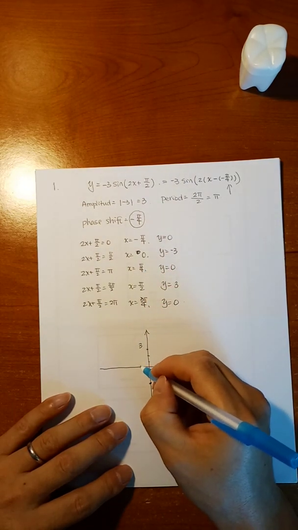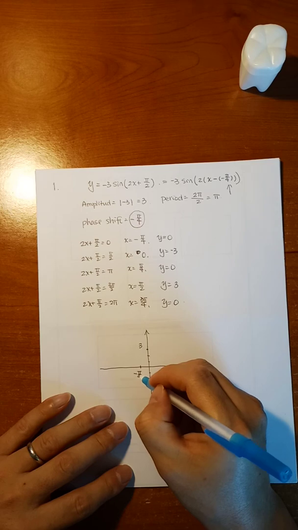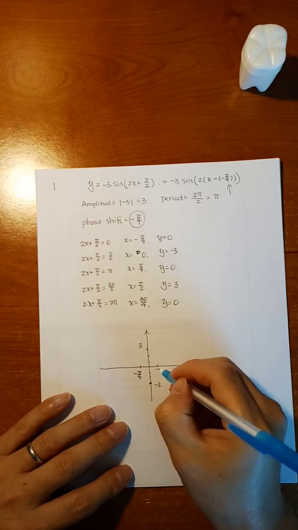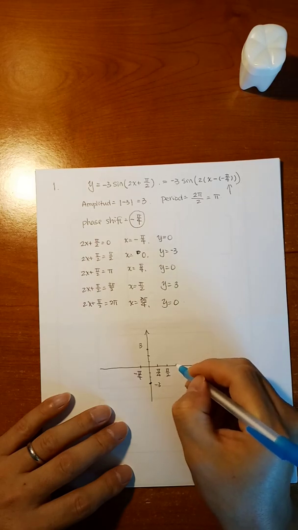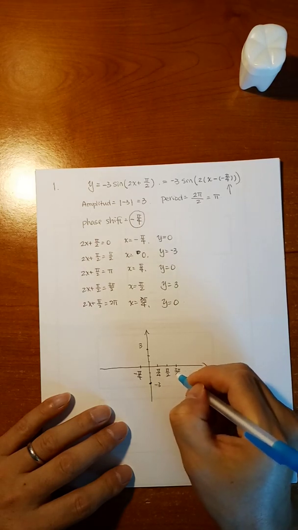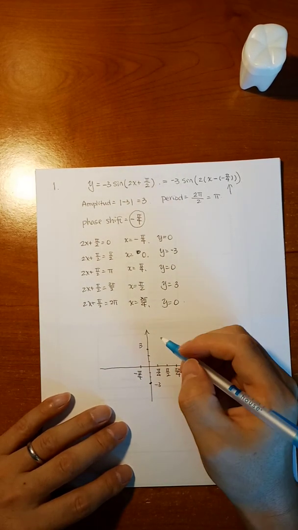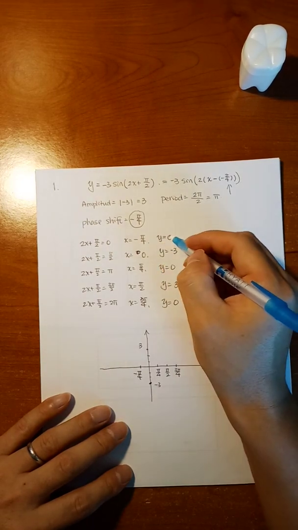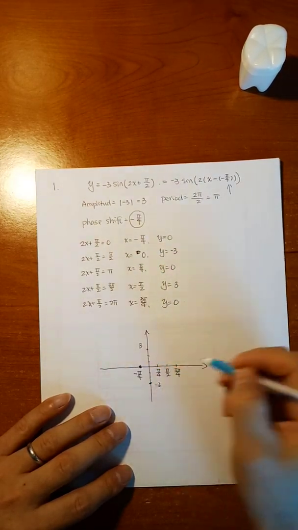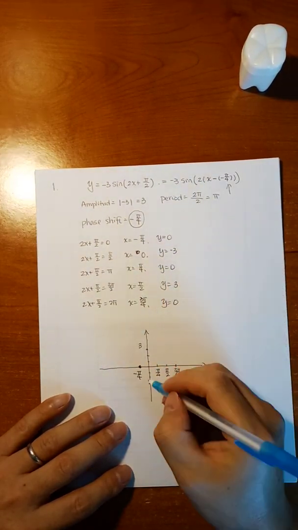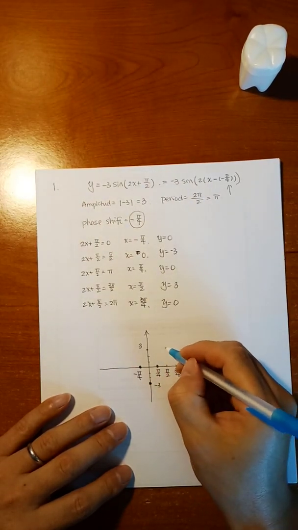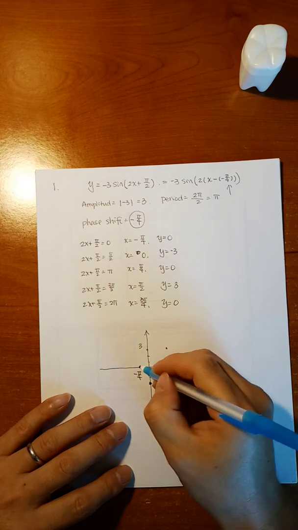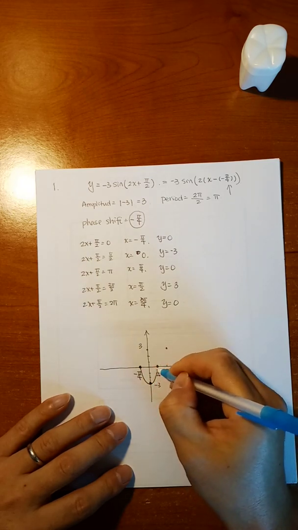So assume this is negative pi over 4. 0, pi over 4, pi over 2, and 3 pi over 4. At negative pi over 4, y is 0 here. At 0, y is negative 3. And then 0, positive 3, and 0 here. So you just sketch it with a smooth curve.